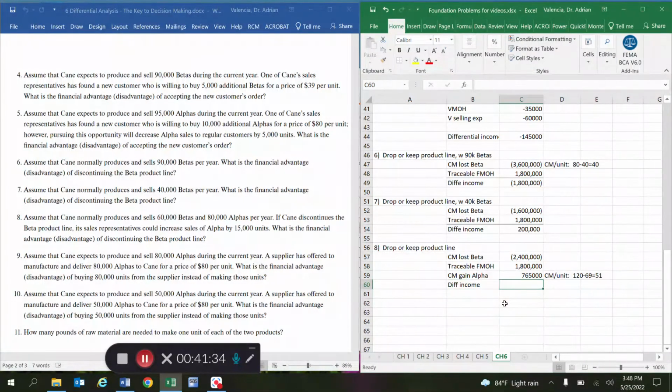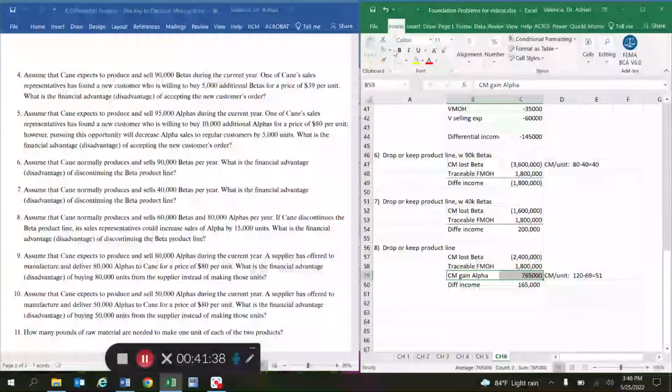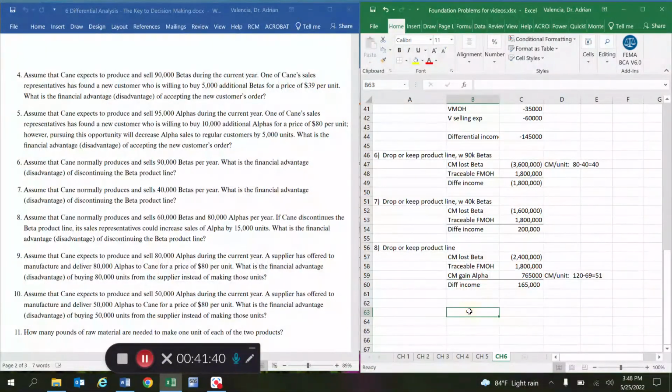When we net these out, we get a positive 165. So independent of the qualitative factors, from a quantitative perspective, we would say that this would be a good idea to get rid of the 60,000 that we sell for beta, and then sell these additional 15,000 alphas. It'll increase our income overall.